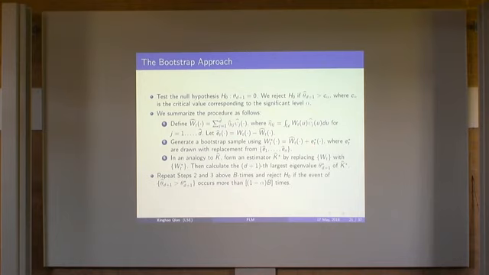Then W hat plus E star gives us the bootstrap sample W star. Based on W star, we can estimate the underlying K hat star. Everything is just the same; you just substitute W_t by W_t star. Based on that, you can calculate the d plus 1 largest eigenvalue. Then we repeat steps 2 and 3 many times and reject H0 if the event that theta hat d plus 1 is greater than theta star d plus 1.